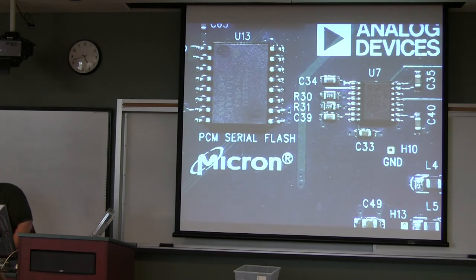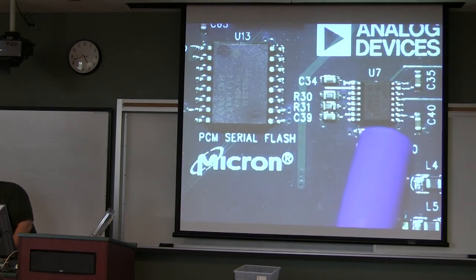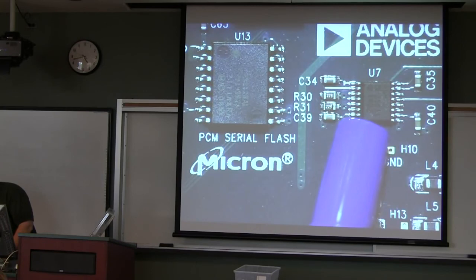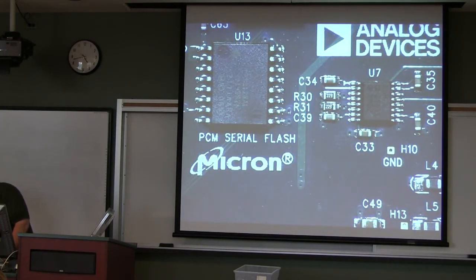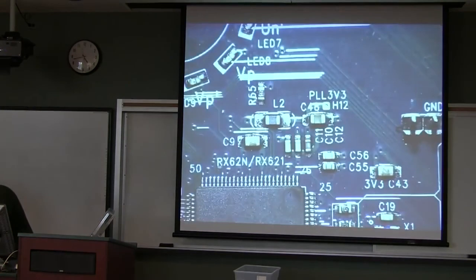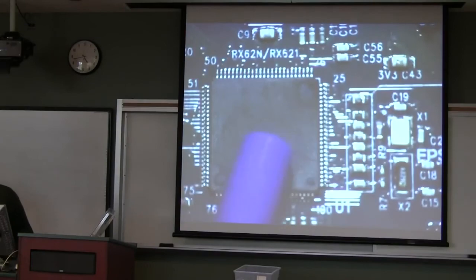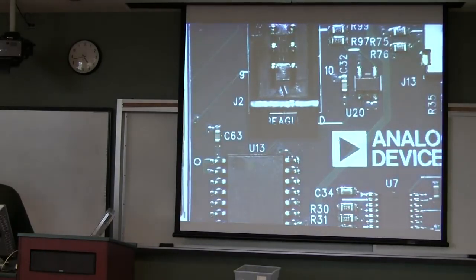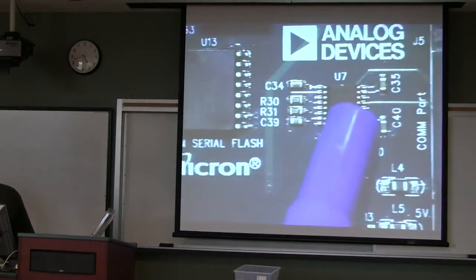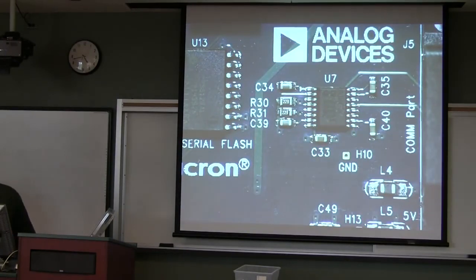Here is my serial chip. Oh, that's PCM serial flash. But here's my RS-232 serial chip right there, which will allow me to communicate between my board, or my chip over here, and the RS-232 chip to the COM port.